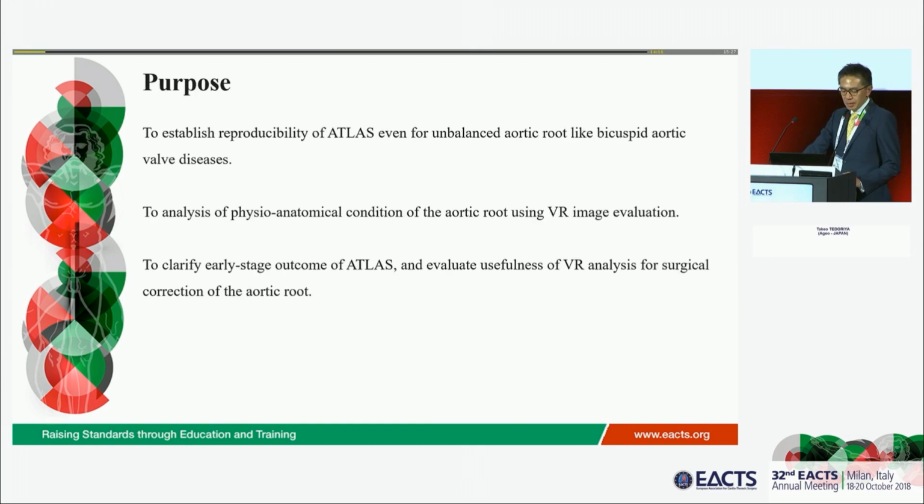The purpose of the study is to establish the reproducibility of our procedure and analysis of physioanatomical condition of the aortic root using VR image evaluation, and also to clarify early stage outcome of our procedure.